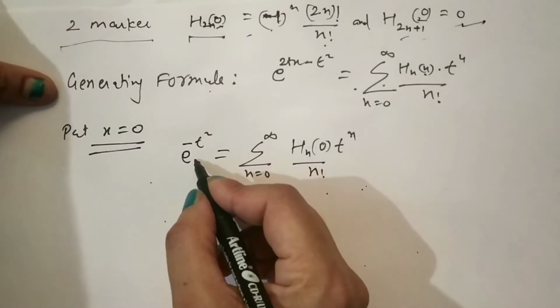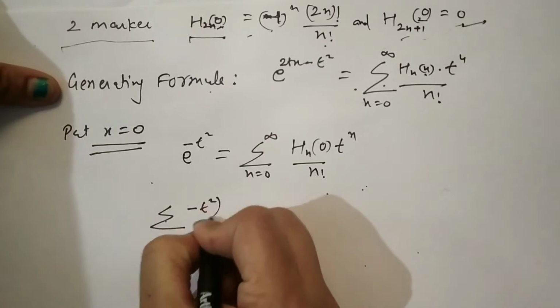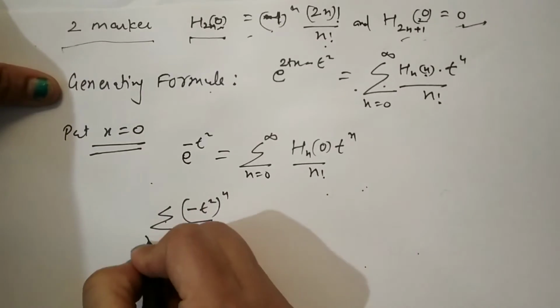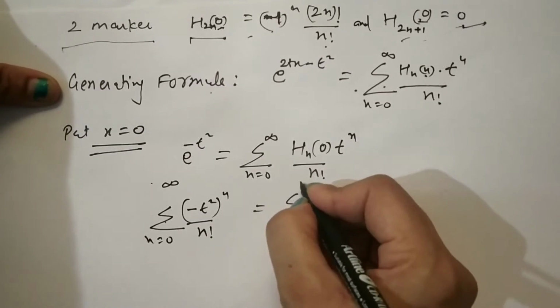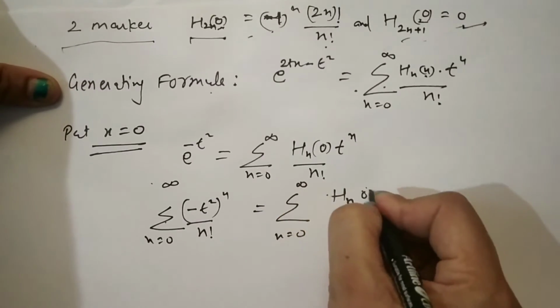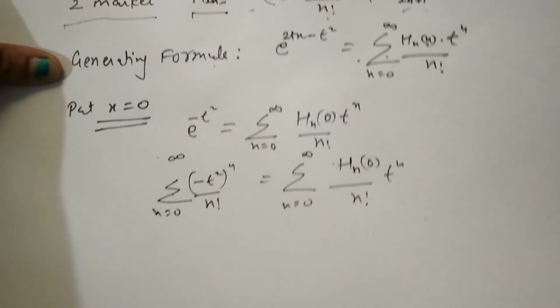Now this can also be written as summation of minus t square raised to power n upon n factorial, where n varies from 0 to infinity, equal to, again n varies from 0 to infinity, H_n(0) upon n factorial t raised to power n. Right?